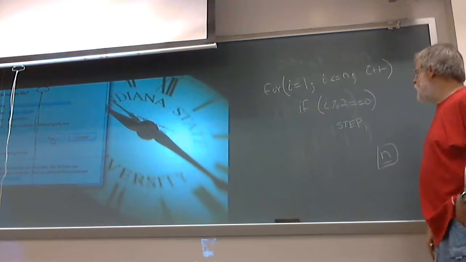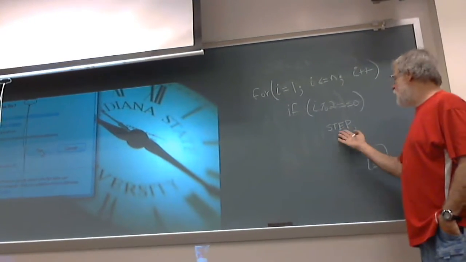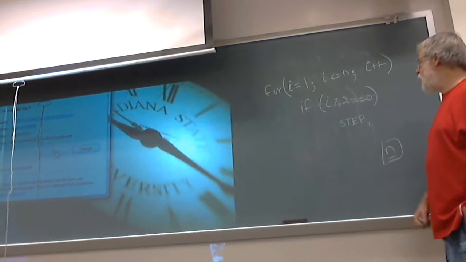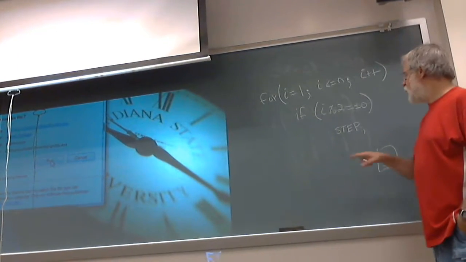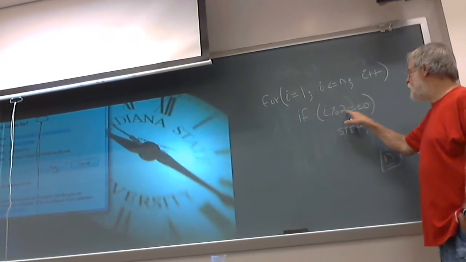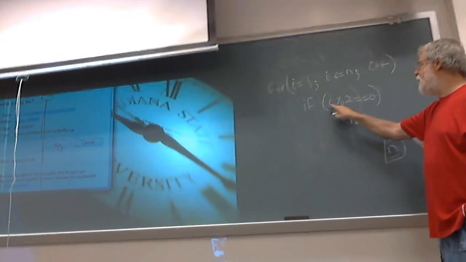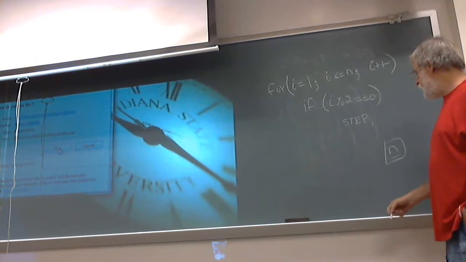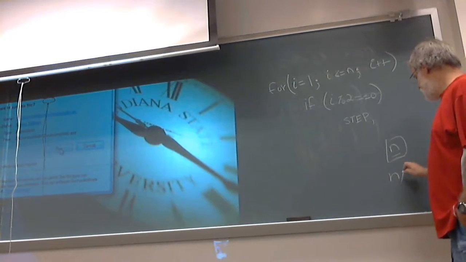What this is doing is cutting down on the number of times you do step. It's cutting it down by half because we're only doing step if the number is even. If i is an even number, then we do step. Half the numbers are even, so it's n over 2.